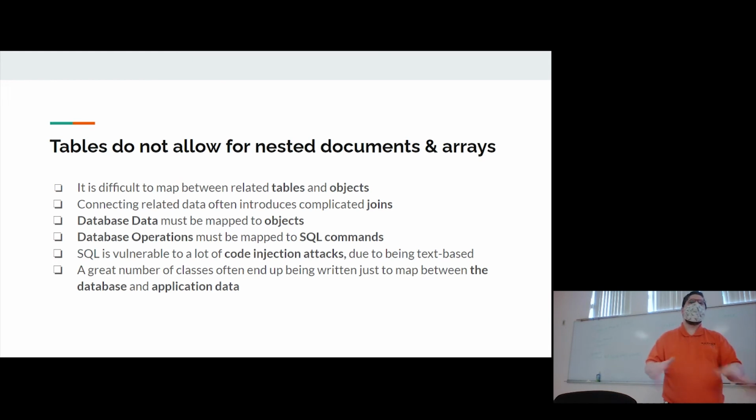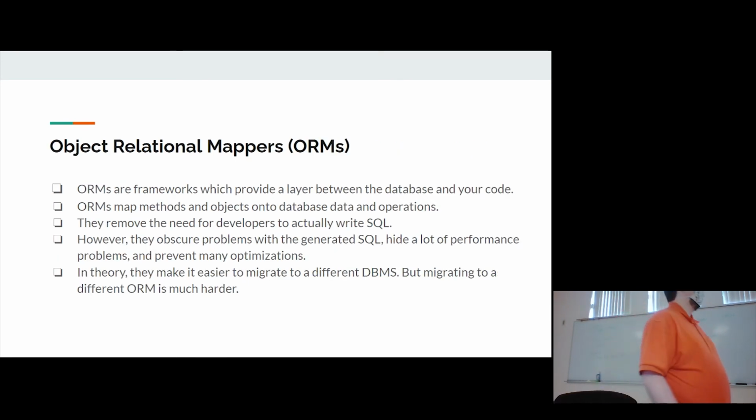So it can very quickly get out of hand. There's a lot of extra boilerplate code that you have to write to make that happen. Make sense? So we're trying to get away from that. We're trying to not have to write a class for every single table. Cool? Because that's a lot of boilerplate code, as it turns out.